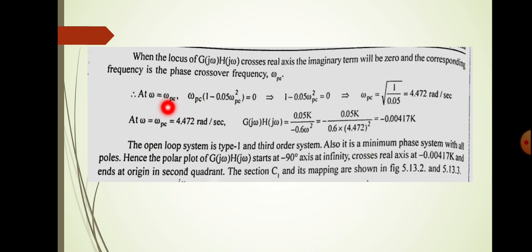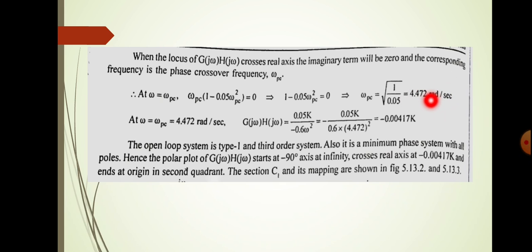That means when omega equals omega pc, at the phase crossover frequency, the Nyquist plot crosses the real axis such that the imaginary term will be equal to 0. So we can substitute omega pc into 1 minus 0.05 omega pc square equal to 0. So we will get omega pc equal to 4.472 radian per second. This is the frequency corresponding to the real axis crossing point for the Nyquist plot.